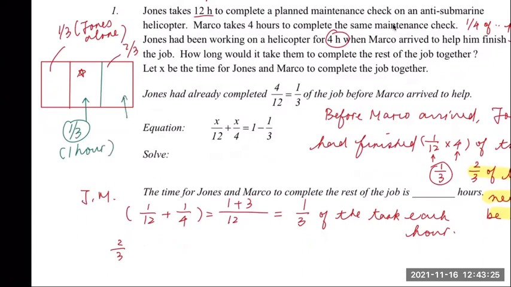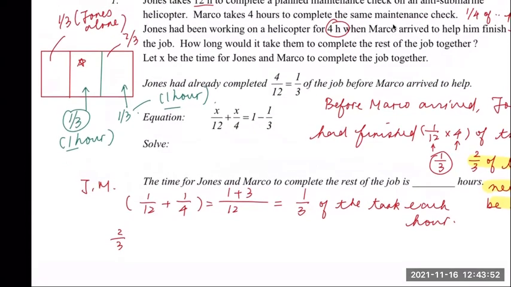This is another 1/3 of the task, and this takes another 1 hour. So we don't even need to use any computation. This is a very straightforward way to figure out how many hours they will still need after Marco arrived. And the answer is clearly 2, because 1 hour here, 1 hour here.